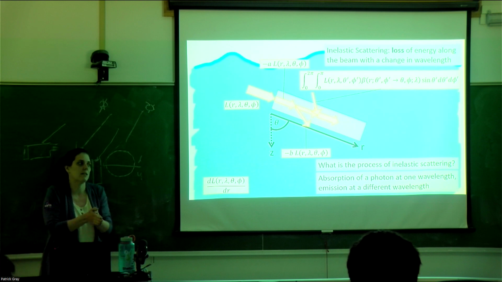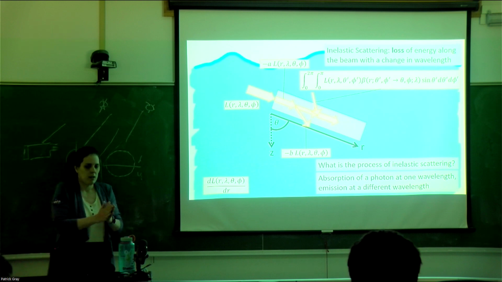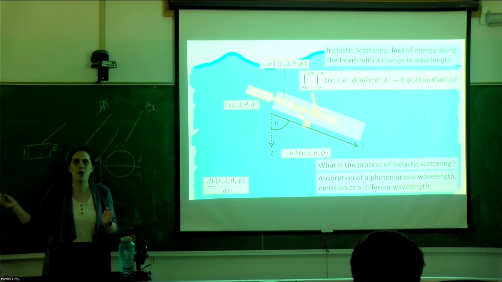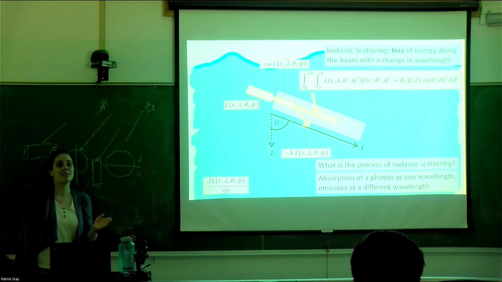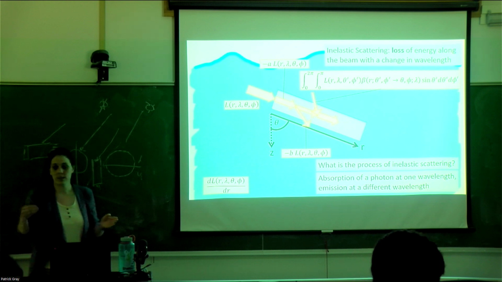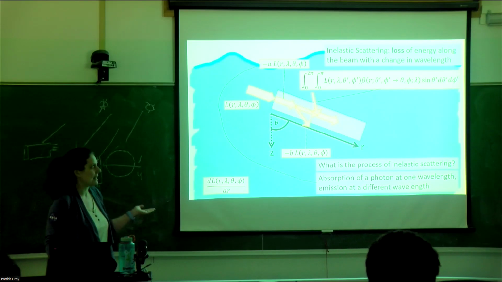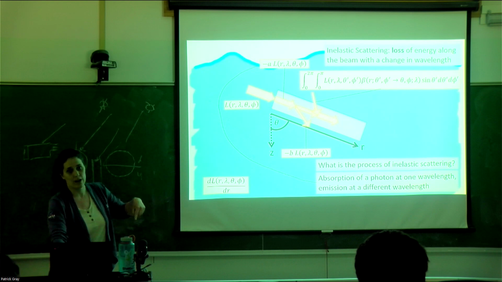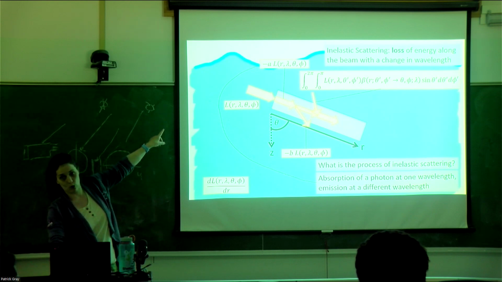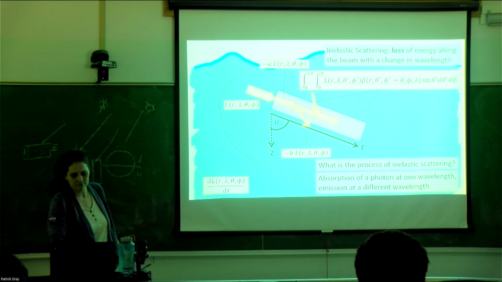All we know is there was a photon absorbed. The emission of that photon at the different wavelength, the inelastic scattering part, comes into the equation in a different place. So we actually don't need to add anything for inelastic scattering for loss of energy. It's bundled into this absorption term already.